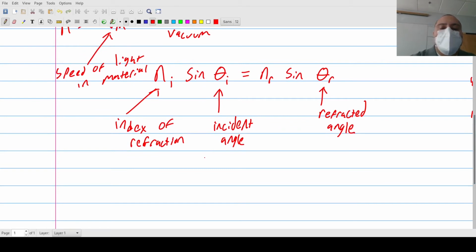Well, just remember the incident is the side where the light is traveling toward the interface, toward the place where it meets the other material. And then the refracted side is where it's traveling away from that meeting between the two materials. If you have a hard time remembering that, just remember the incident side is where the light comes in, and the refracted side is where the light goes out.